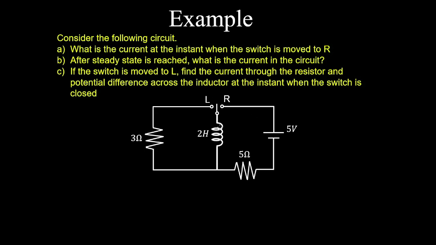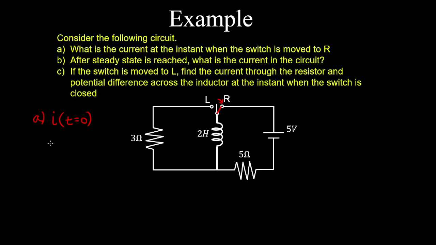Consider the following circuit with an inductor and resistors, and part A asks what is the current at the instant when the switch is moved to R. So that completes the circuit on the right, and at the instant when the switch is closed at a time of 0, the inductor is not going to allow any current to flow through it.